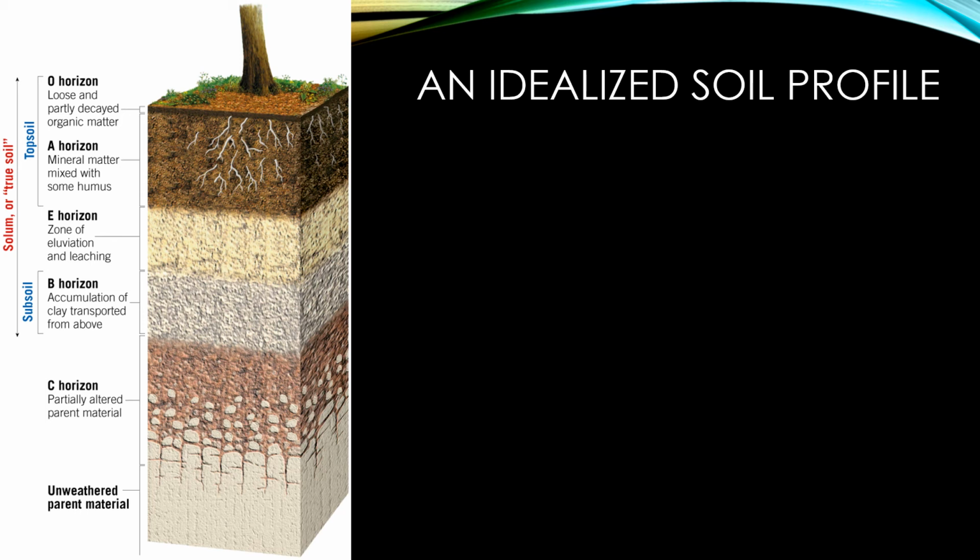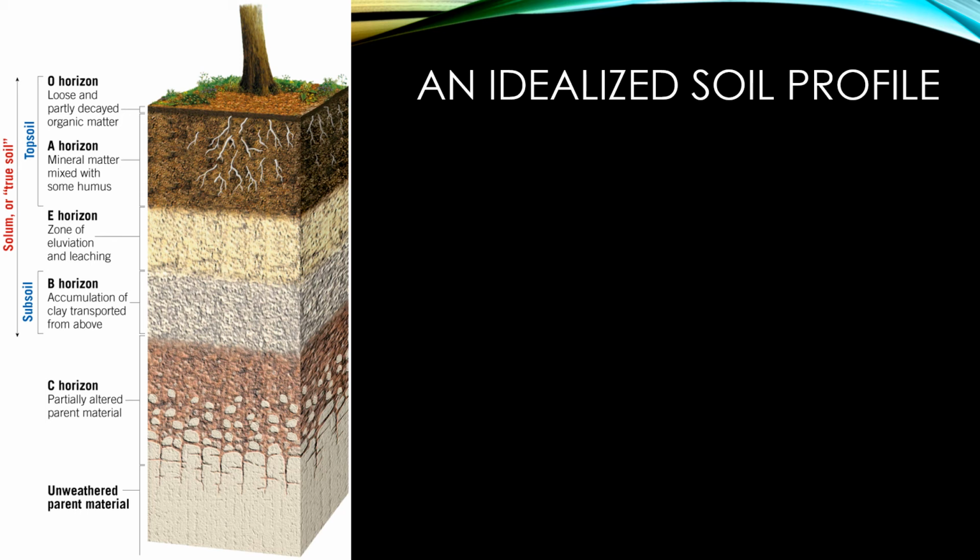It's important to look at an idealized soil profile to talk about the different layers that naturally form within a soil column, and why those different layers tend to exist in those positions in the natural world. So moving from top to bottom, so land surface down to the bedrock.